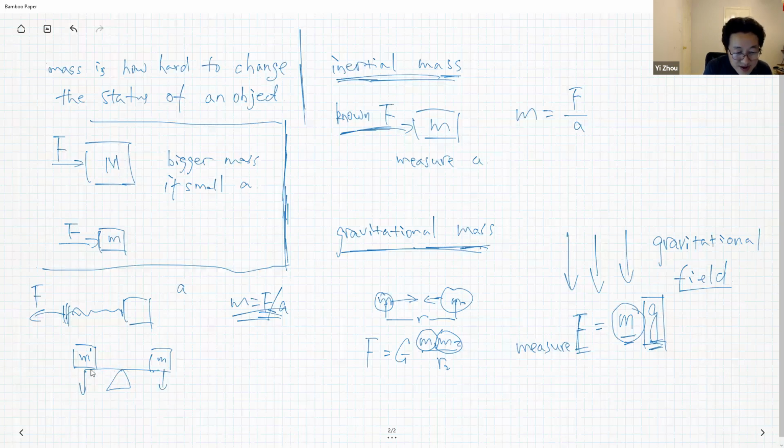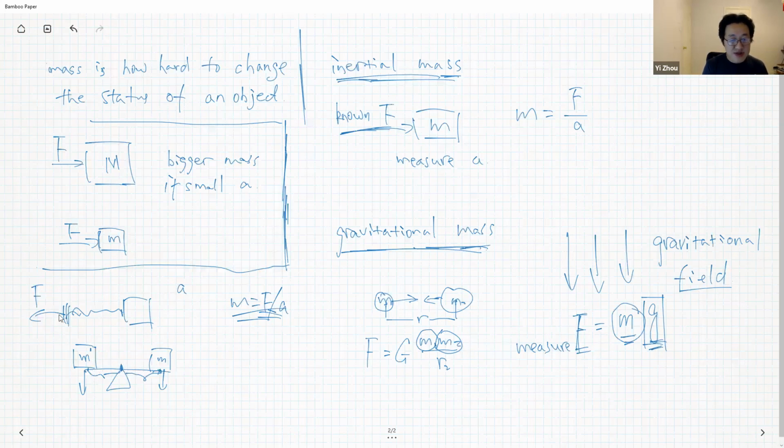Then, for example, you can find this mass by the distance of the mass to the pivot point. So what kind of mass are you finding in this experiment? Gravitational mass. This is actually gravitational mass because you are using gravity to help you do the measurement.